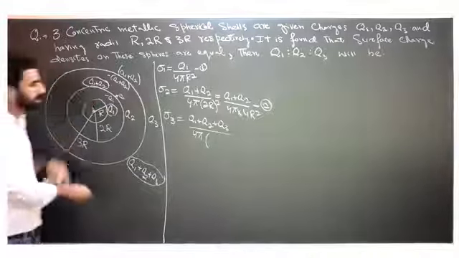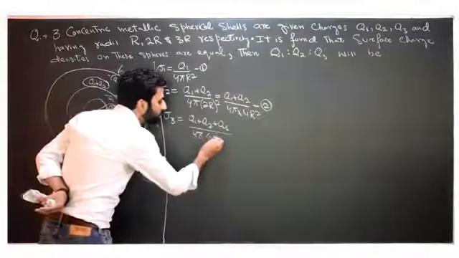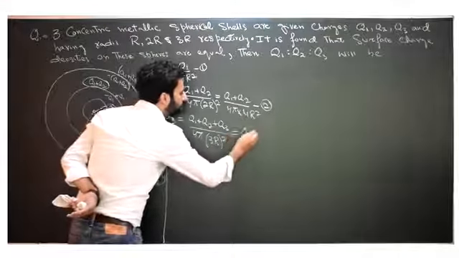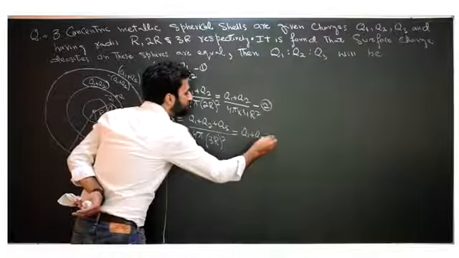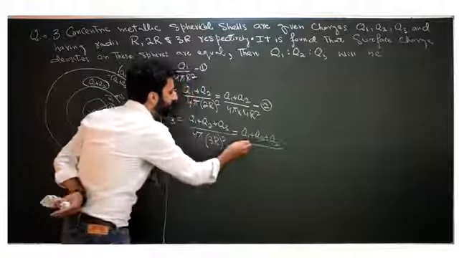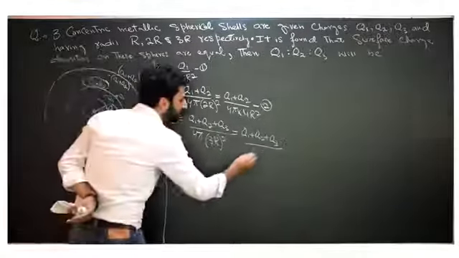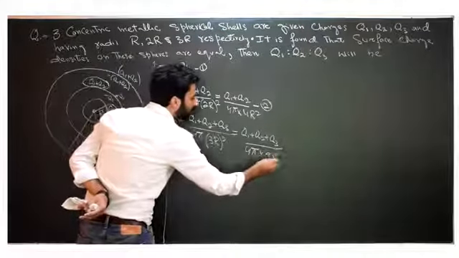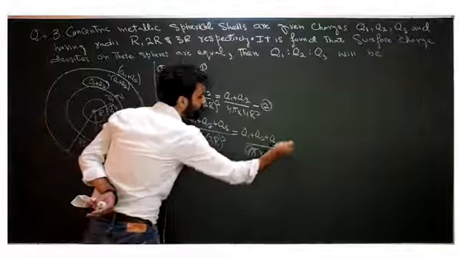That is 3r. So it will be 4 pi into (3r) square. So it will be Q1 plus Q2 plus Q3 divided by 4 pi into 9r square, since 3 squared is 9. Let's call this equation 3.